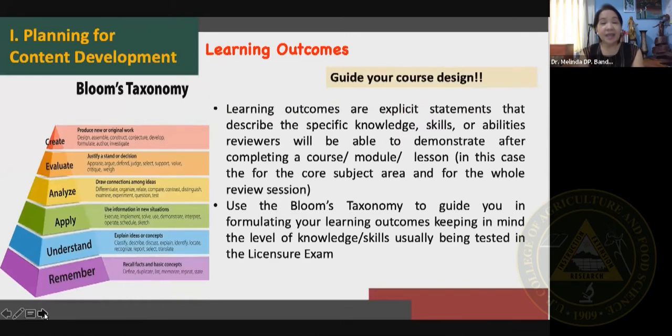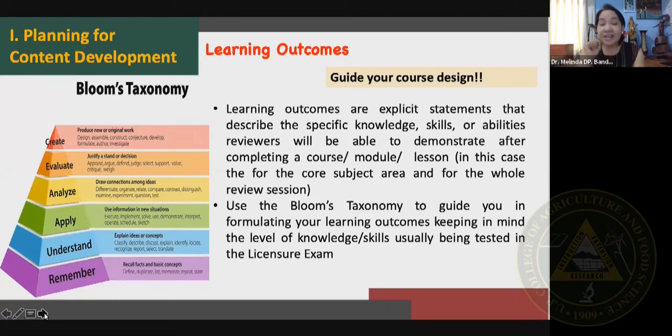Okay, so again, we will be guided by Bloom's taxonomy. So what exactly are the learning outcomes? When we search the literature and read about learning outcomes, there's one bottom line there, and it is learning outcomes guide your course design.